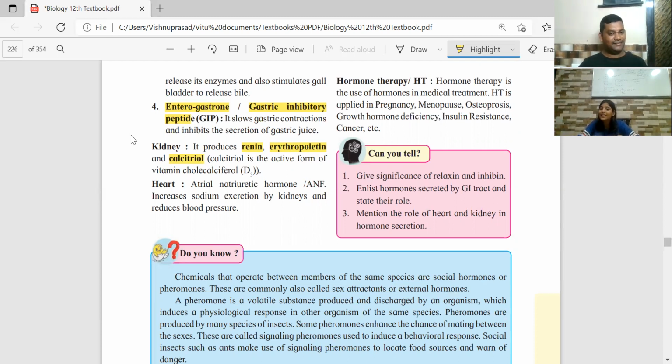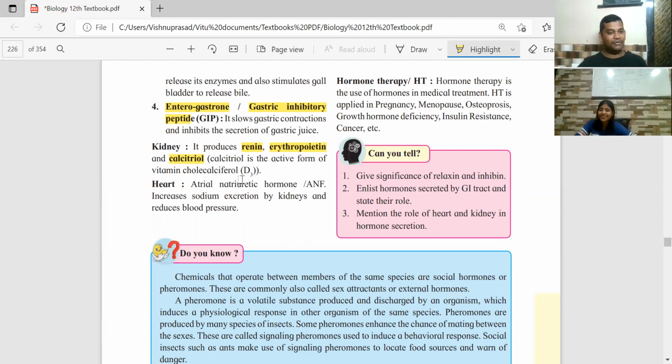This hormone stimulates the bone marrow to produce RBC. Renin also takes part in osmoregulation. Calcitriol is the active form of the vitamin called cholecalciferol, that is D3.